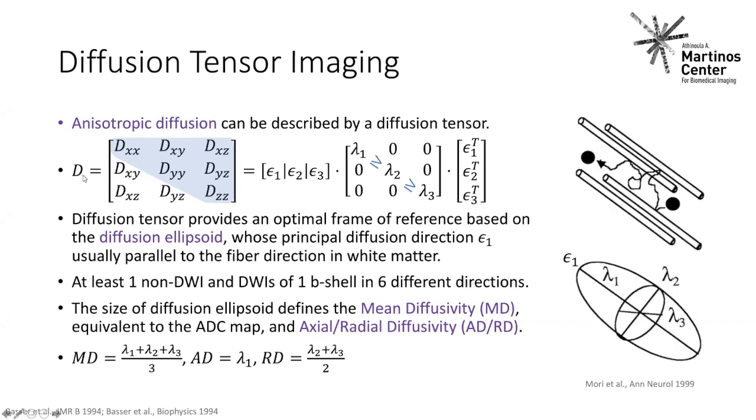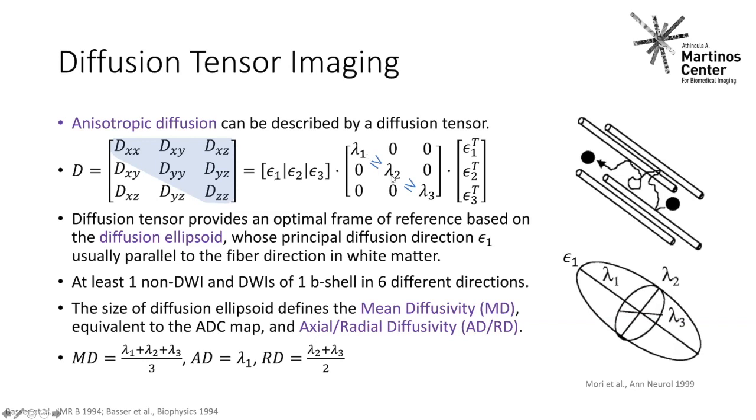And here we show that the diffusion tensor is a symmetric matrix. So there are only 6 independent variables, and we can use eigenvalue decomposition to decompose it into a diagonal matrix with its eigenvectors epsilon 1, 2, 3.